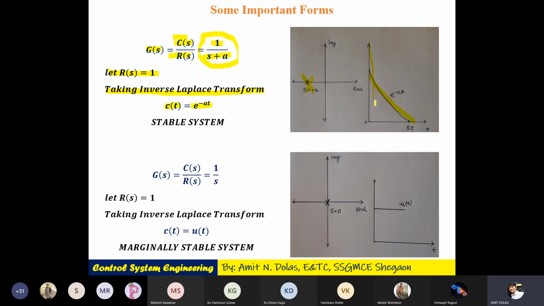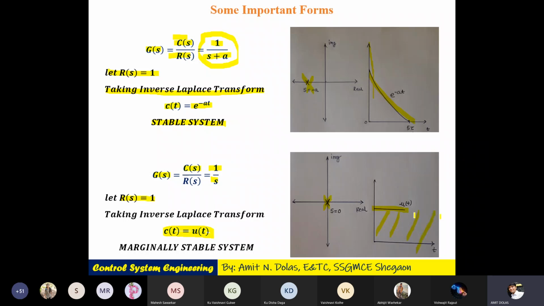We have seen this in the very first unit in tabular form, the Laplace transform and inverse Laplace transform of each function. So that is derived here. We'll go quickly through it. So here the system is stable. Then if G of S is equal to 1 by S, assuming R of S is equal to 1, the inverse Laplace transform will be the step input, of course u of t. So your pole is located here and it is giving you a constant bounded output, but area is not bounded.